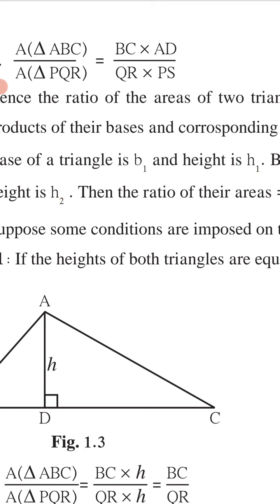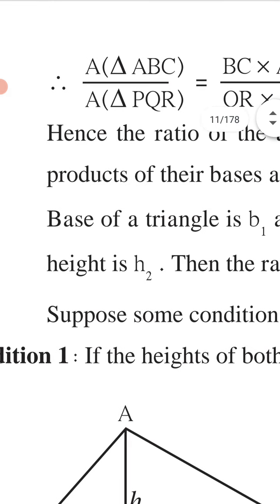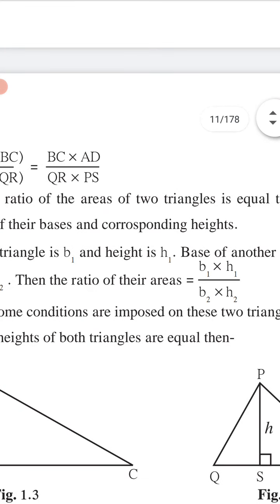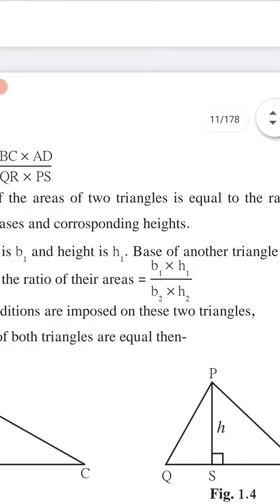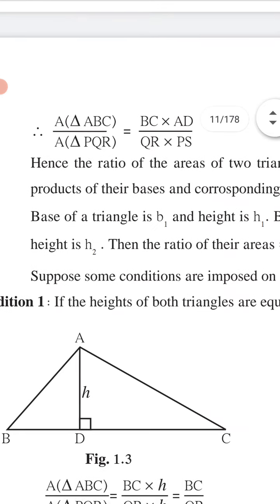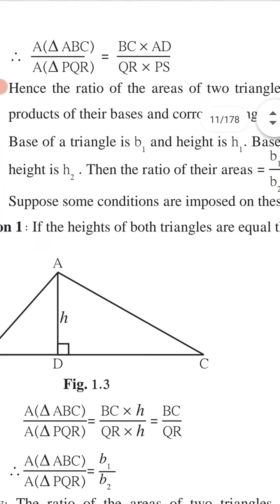From this, we are getting the property, students. What? The ratio of the areas of two triangles is equal to the ratio of the product of their bases and corresponding heights. Again, I am explaining what statement we are getting.